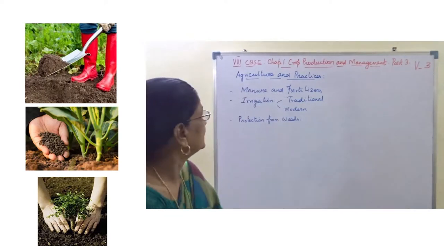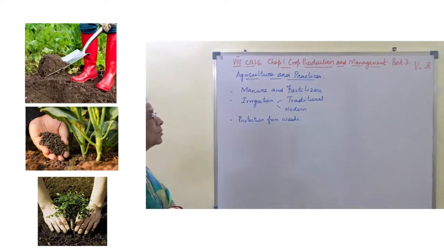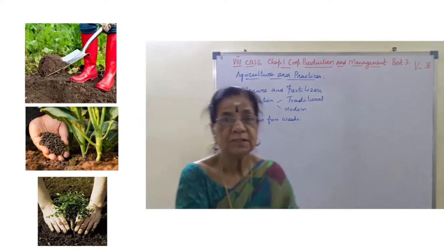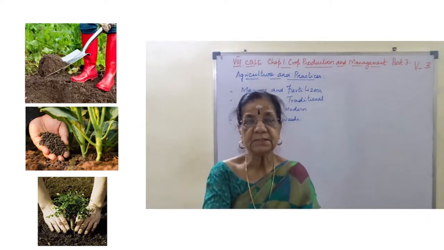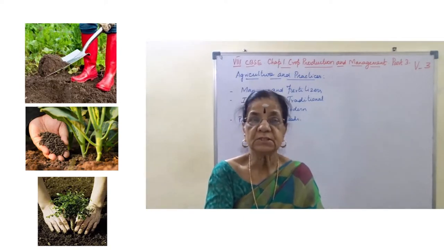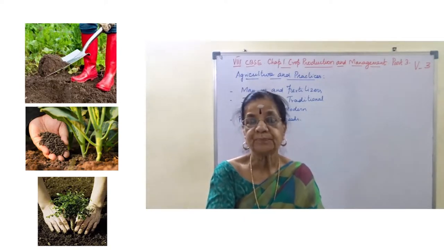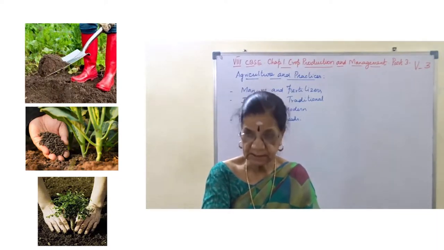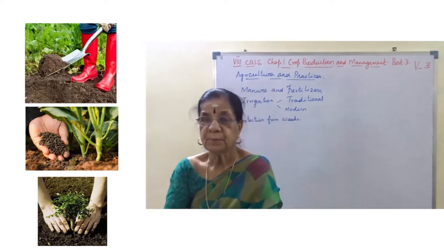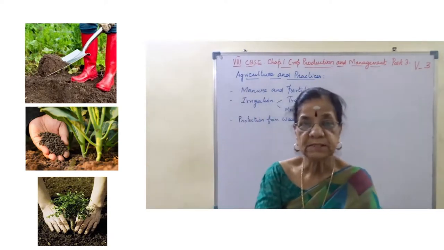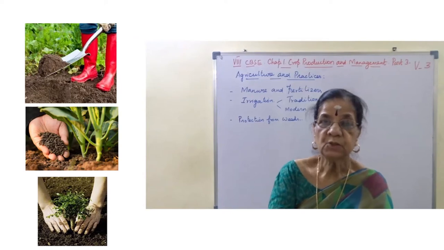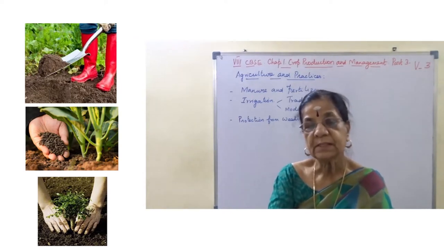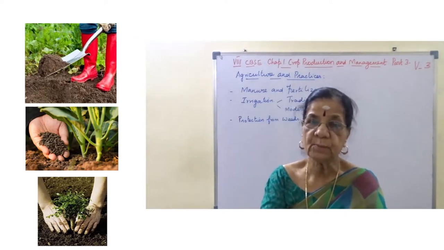In part 2 we learned about the agricultural practices, the first steps: plowing the field, preparing the soil and sowing of seeds. Those steps we learnt in part 2, video number 2.